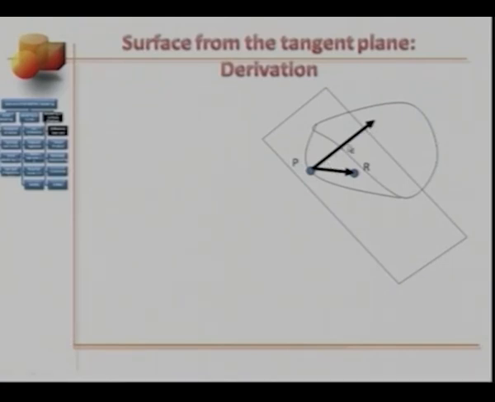This vector here is normal to the tangent plane. Let's call it N. This distance d here can be seen as the projection of PR on this normal N.